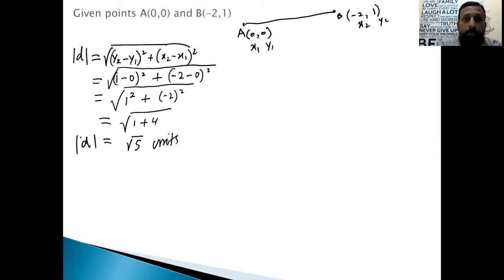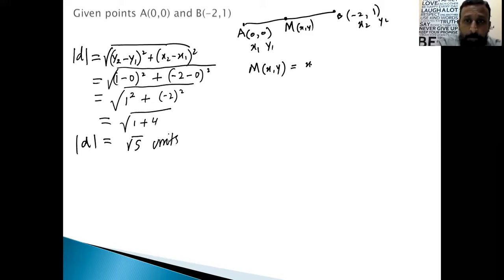Okay, boys and girls. Now what else can we find of this line? We can also find the midpoint of the line, M for midpoint, and we have learned a formula: midpoint M(x, y) equals x1 plus x2 upon 2, comma, y1 plus y2 upon 2. I told you, it's the average of the x-axis values and the average of the y-axis values.